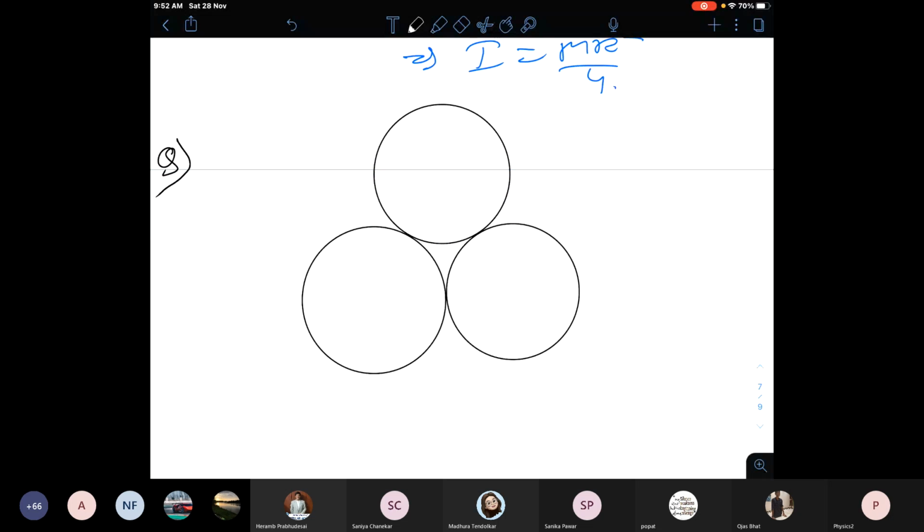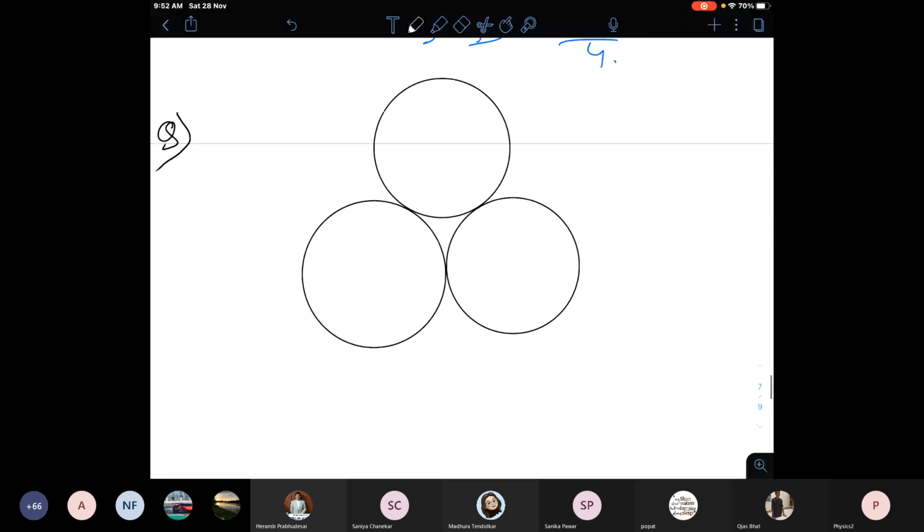This is the situation: three equal spherical shells, these are all spherical shells.